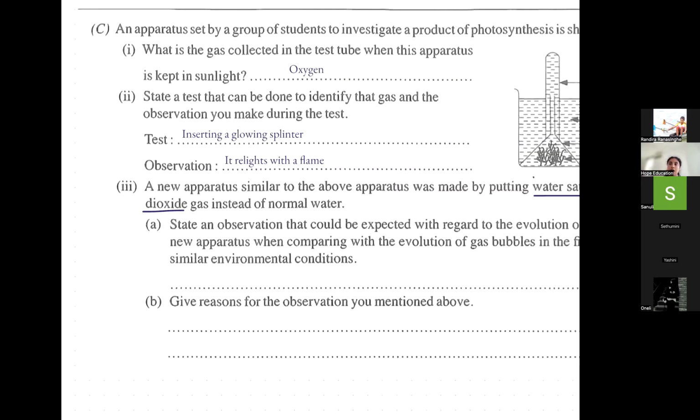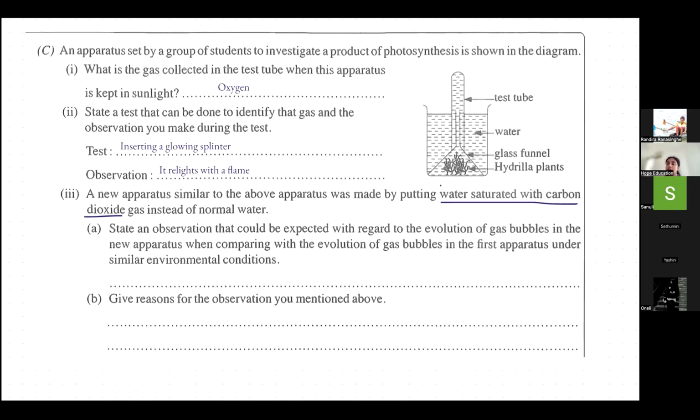Water saturated with carbon dioxide has more carbon dioxide, right? If there is more carbon dioxide, what will happen to photosynthesis? Carbon dioxide is a reactant of photosynthesis, right? So when there is more carbon dioxide, photosynthesis will happen more, which means a lot more oxygen will be produced.